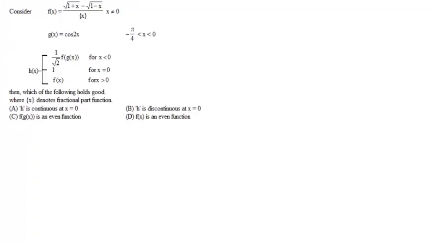Now here the question is, we are given three functions fx, gx and hx, and we have to find which of the following is or are true. Now A and B is hx is continuous or discontinuous at x equals 0.